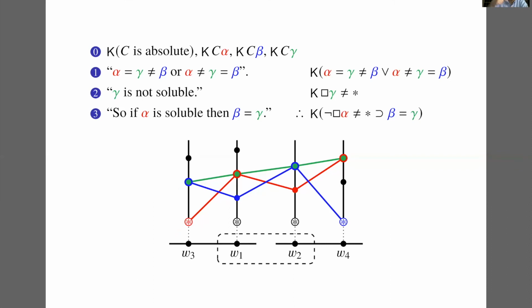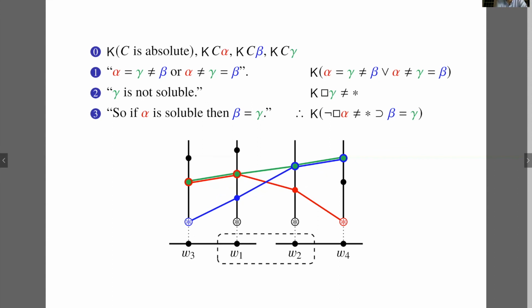If you add this assumption on top of premises 1 and 2, then yes, this assumption rules out this model, and we end up with this model that says that, look, yes, now the cognizer knows that if red goes to asterisk, then the blue must be identical with the green.